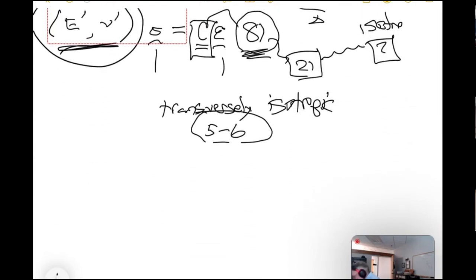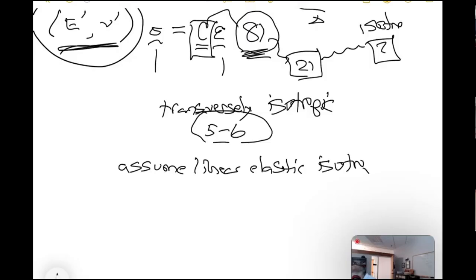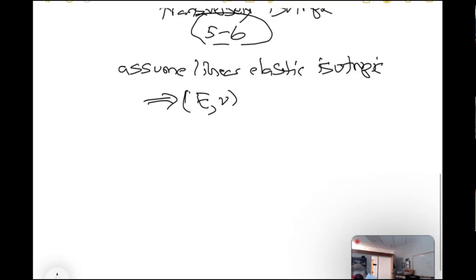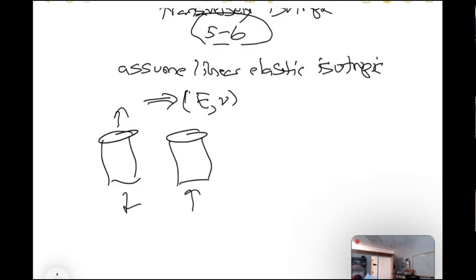For a typical rock, the first level of deformability is we assume linear elastic isotropic. If we assume that, we need to get these from laboratory tests, and we get those by either, here's another one, doing this test, or doing this test.